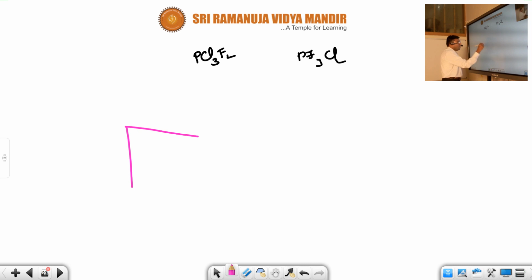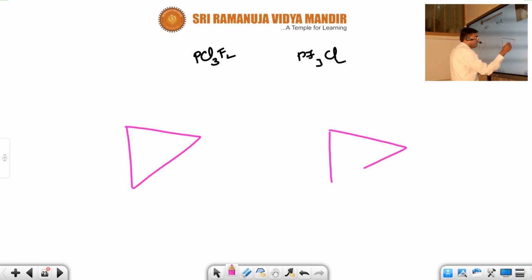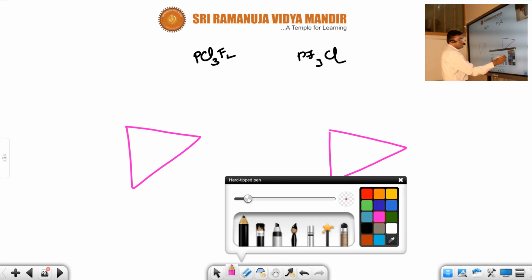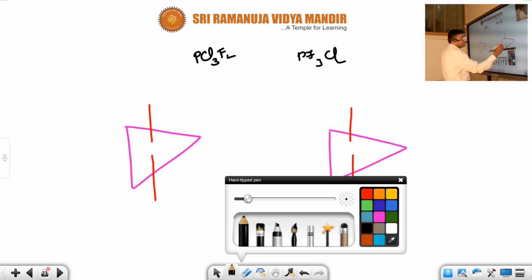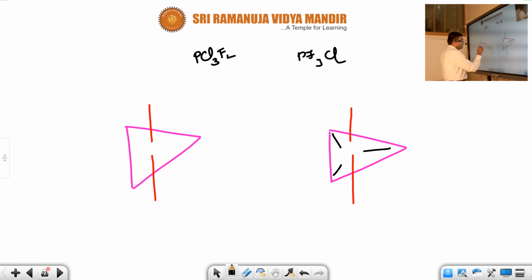Now there is a rule you have to learn. I am going to explain the rule now. The rule is that the most electronegative atom should always be in the axial position.